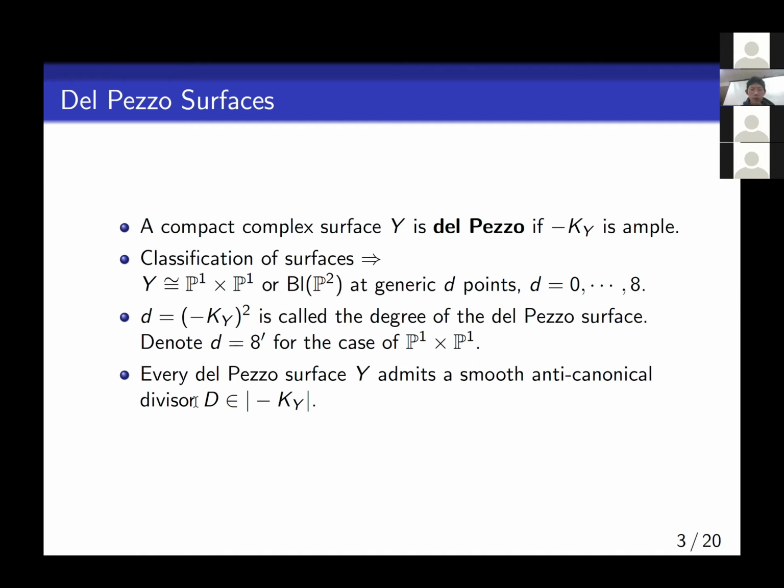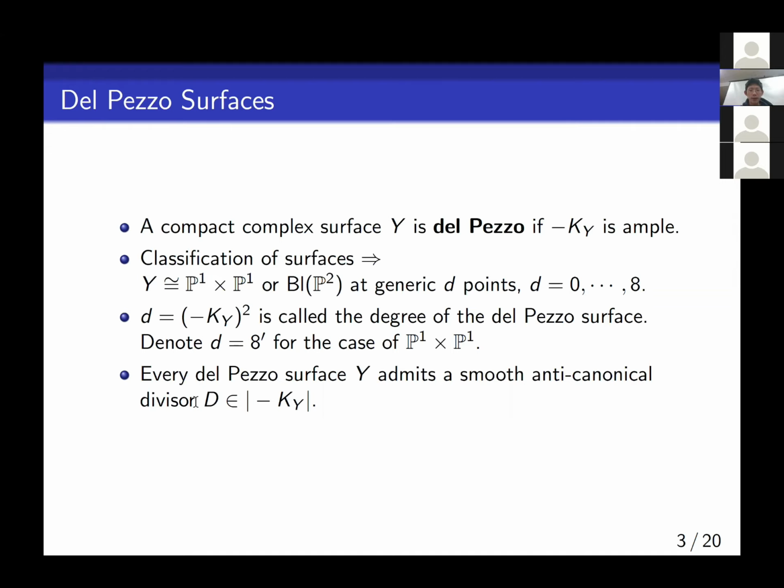And in particular, the degree of the del Pezzo surface is the square of the anticanonical divisor. For example, P2 is the del Pezzo surface of degree 9, because the anticanonical divisor of P2 is degree 3, and so by Bezout's theorem we know that it's of degree 9.